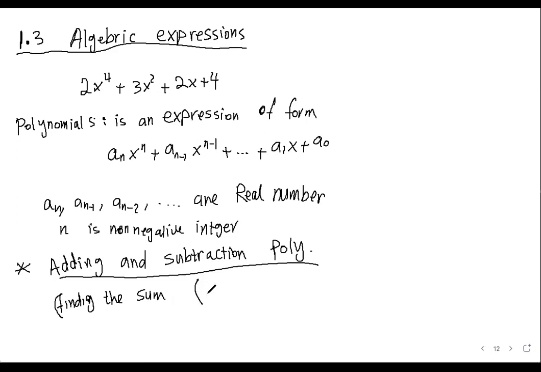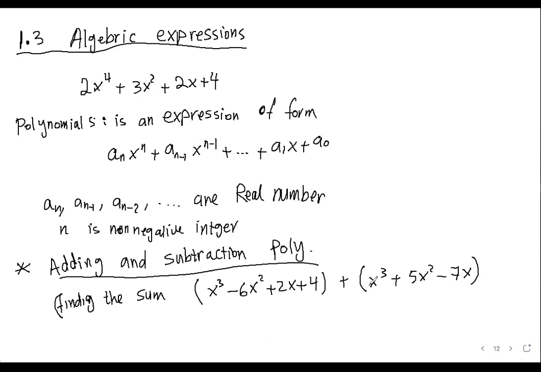If I have two polynomials, the first one is x to the power 3 minus 6x to the power 2 plus 2x plus 4, plus x to the power 3 plus 5x squared minus 7x. The sum of the two polynomials will be 2x to the third minus 1x squared minus 5x plus 4. I will explain how you think about it.